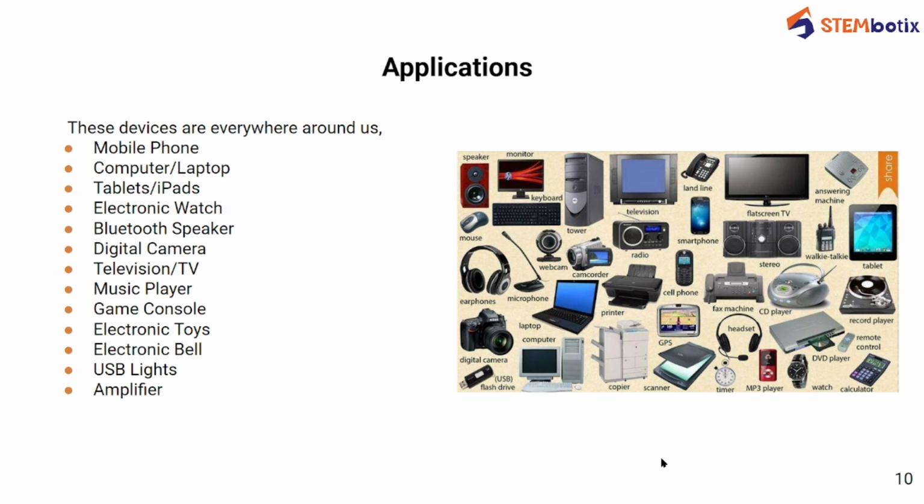So these are the devices we see everywhere around us: mobile phone, computer or laptop, tablets or iPads, electronic watches, Bluetooth speaker, digital camera, television, music player, gaming consoles, electronic toys, electronic bell, USB lights, and amplifier. So these are some examples of basic electronics gadgets.